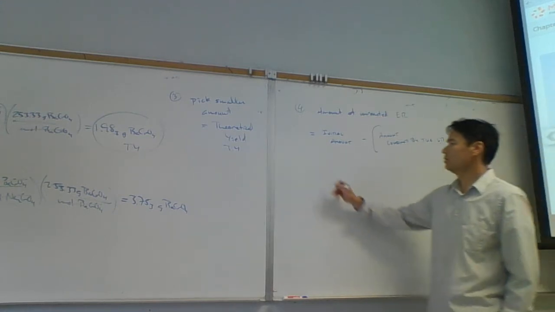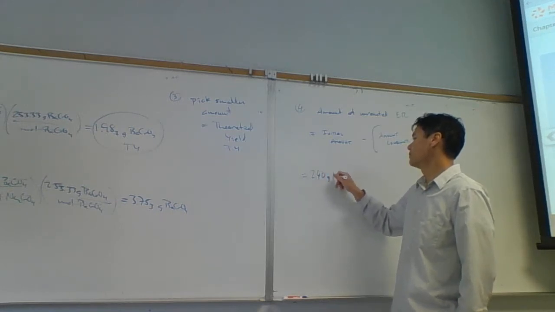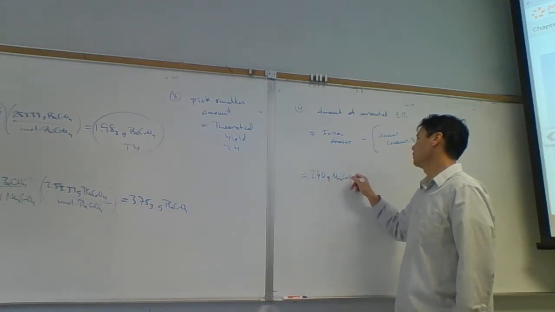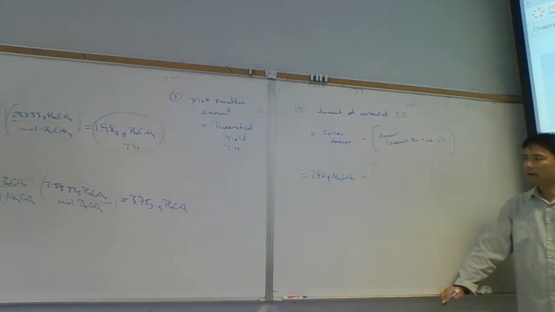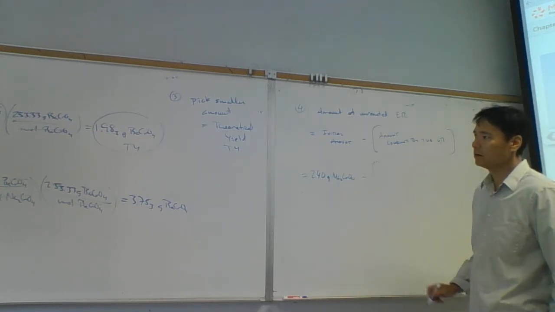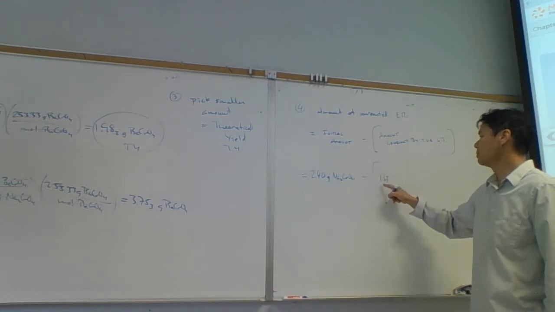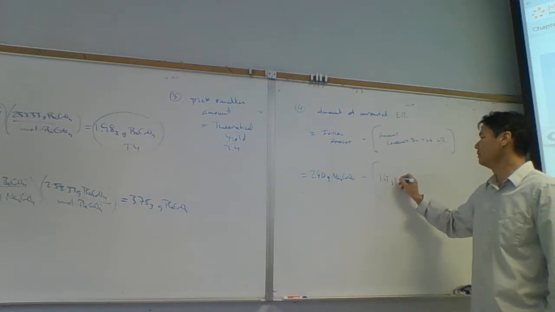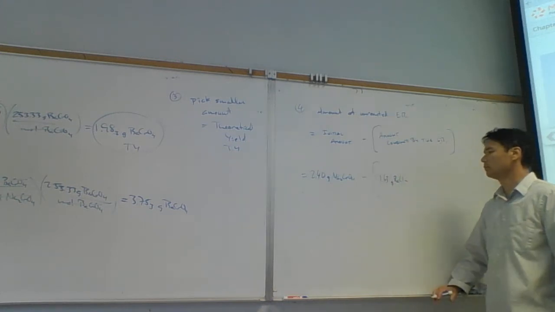And so initially we're given 2.40 grams of sodium chromate. We aren't going to use all 2.40 grams. How much are we going to use? Well, the amount we're going to use is the amount that's needed to react with 1.63 grams of barium chloride. And so we start off with the limiting reagent, which is 1.63 grams of barium chloride here.